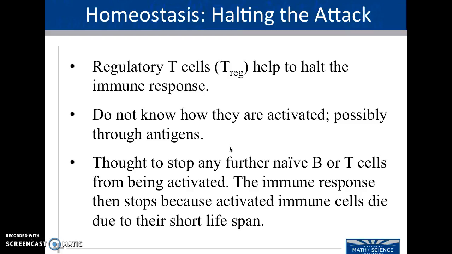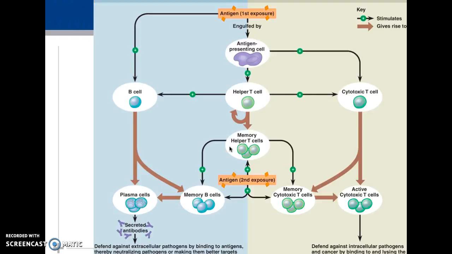They're not quite sure. It's thought to stop any B and T cells that don't have a purpose yet from being activated to having a certain purpose. Then the immune response eventually stops, and the activated cells, the ones that are still producing, will die because of their short lifespan. The only cells that are going to stick around are the memory cells.